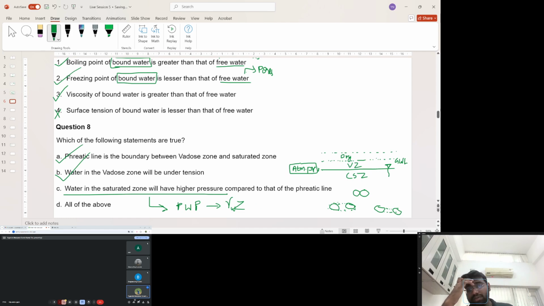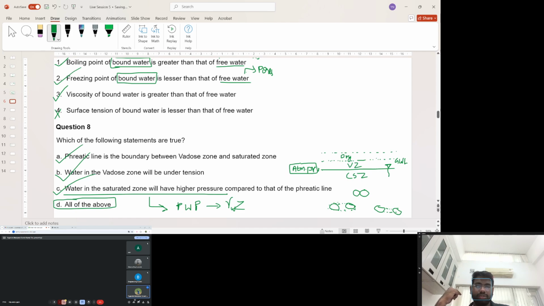So at the phreatic line, ideally the depth is 0, for which the excess pore water pressure will be 0, in the sense it will be at atmospheric conditions. So water in the saturated zone, just below the phreatic line, will have higher pressure. So option C is also right. So the right option is all of the above.